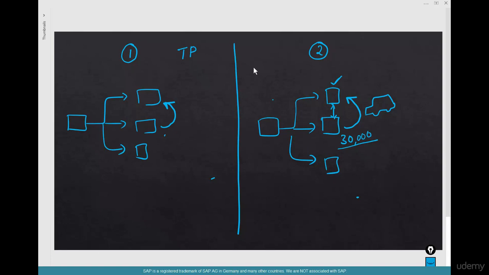Although the ownership will lie with this storage location, it's still in transit of this storage location. So which clearly specifies that it's not ready yet. So don't go about reserving those goods or promising those goods to the customer from this storage location. It's not ready yet.